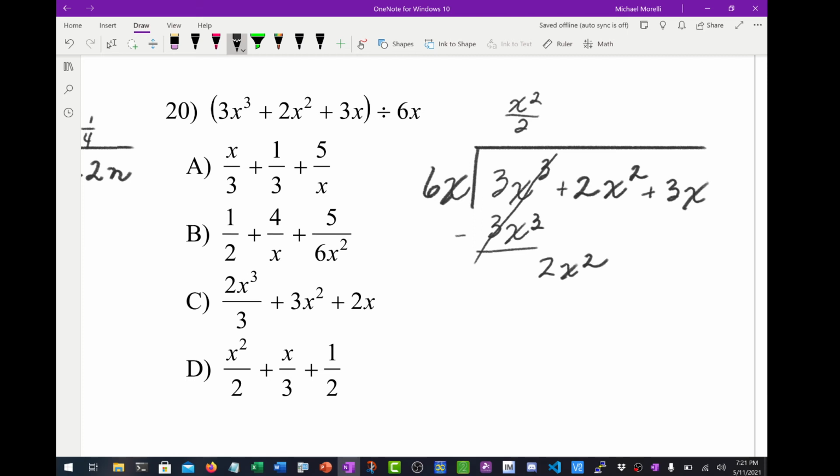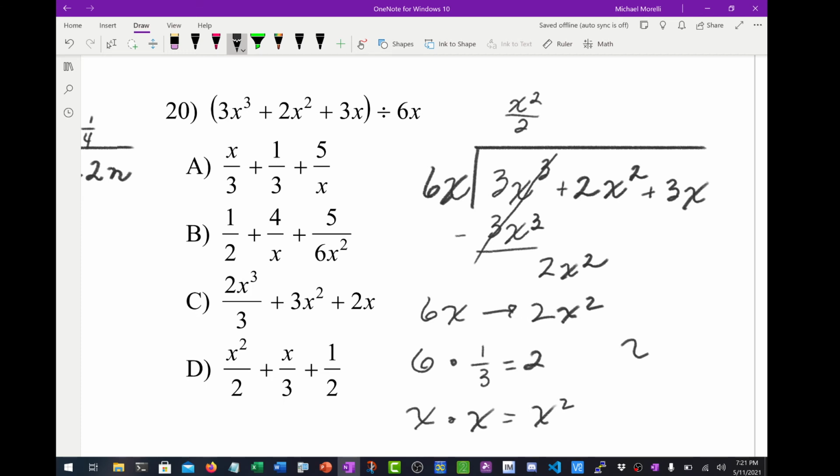So now I need to turn 6x into 2x squared. So I'm going to be multiplying that 6 by 1 over 3, and that will give me a 2. And I'm going to multiply that x times an x, and that'll give me x squared. Put it together, you've got the 1/3 and the x, so that's x over 3. That's going to be your multiplier to multiply by 6x. We'll check it.